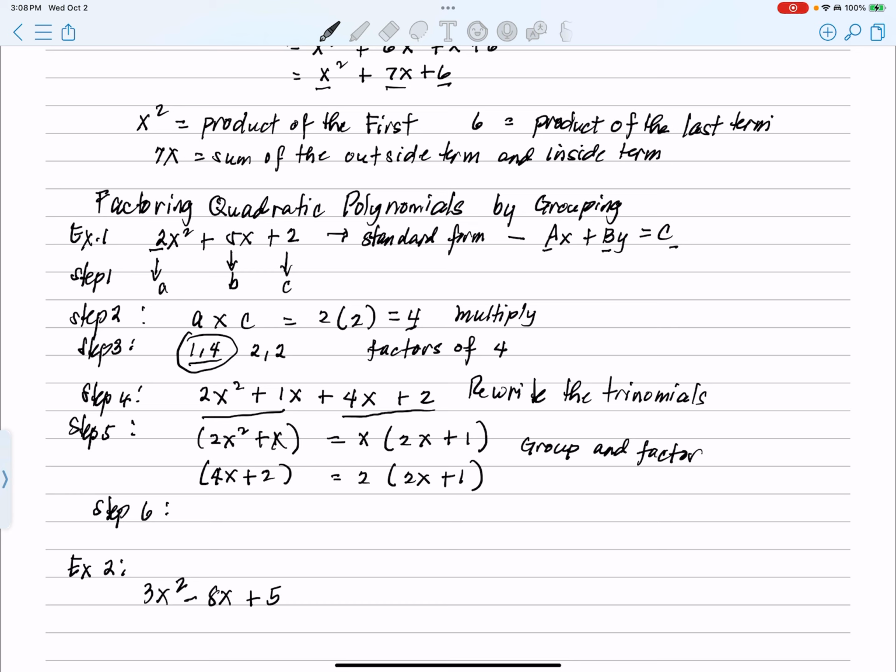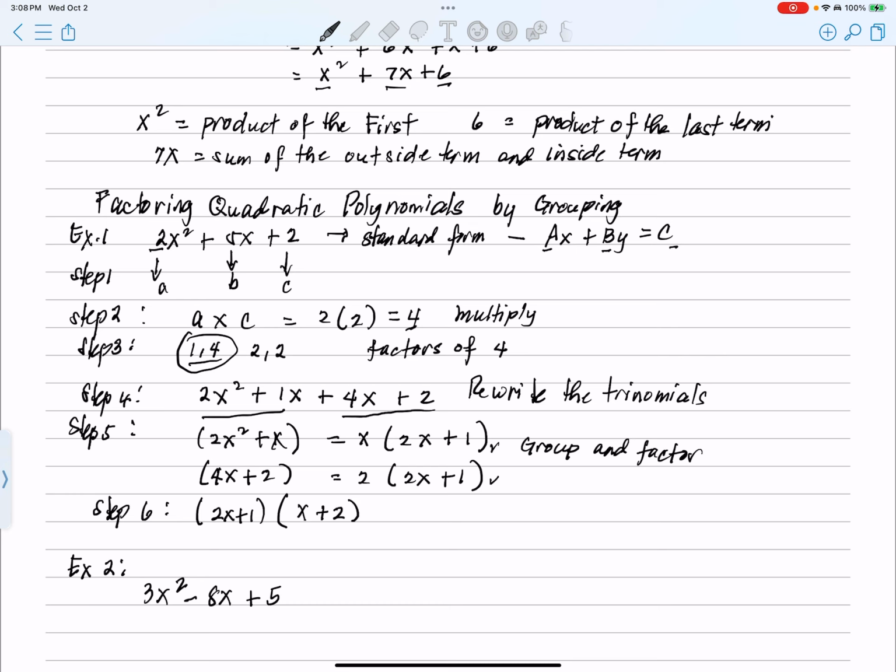Write down the common factor, which is 2x plus 1. That's a common between the two sets of factors. And the coefficient of each factor, you have to group that. So x and the other one is 2. So you have x plus 2.